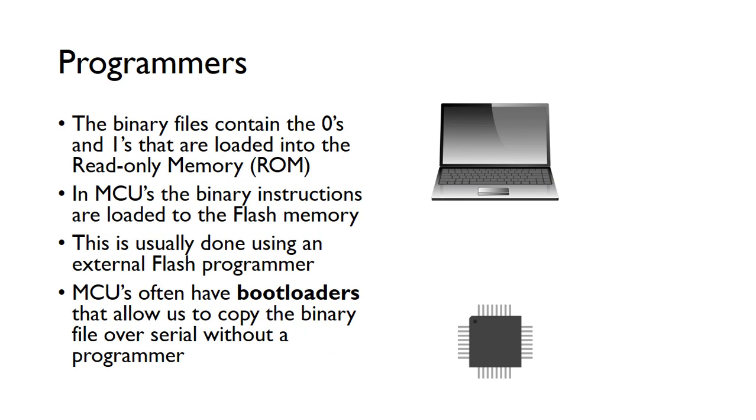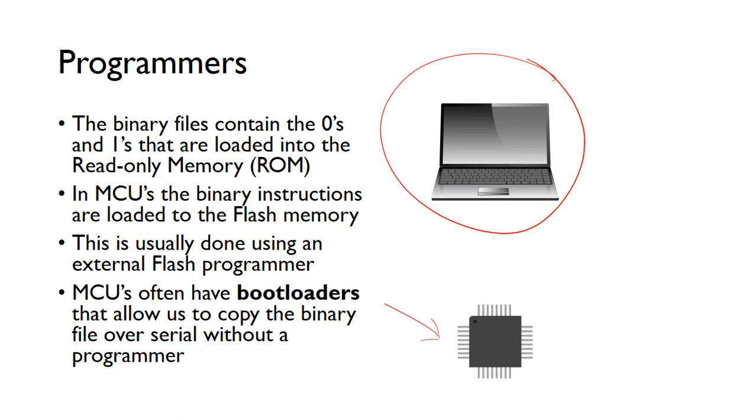So the ones and zeros need to be put inside the read-only memory inside of the computer. For a microcontroller, imagine here we want to program this microcontroller. There's obviously no keyboard and mouse on the microcontroller, so we have to do the development on a PC or laptop. Once we've developed the code, we can compile it.